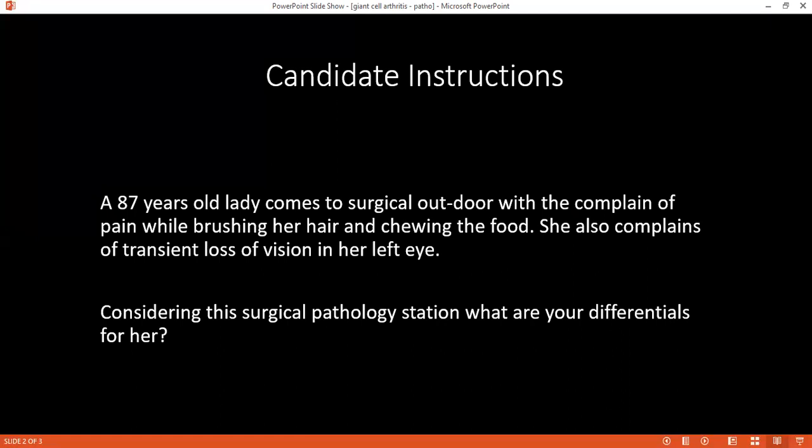Okay, who would you involve in the management of a patient who suffers from giant cell arteritis? I will involve a multidisciplinary team: the vascular surgeon, general surgeon, medicine specialist, orthopedic surgeon, social worker, ophthalmologist, and endocrinologist.